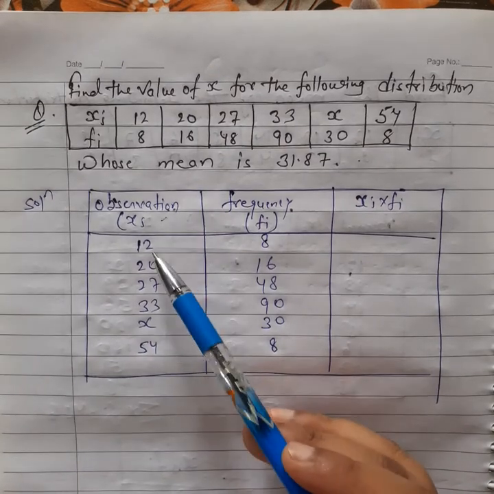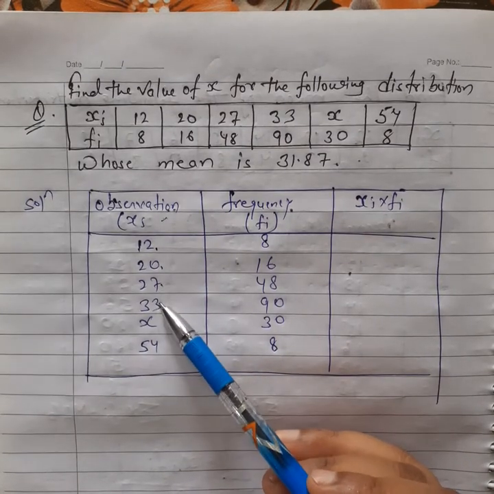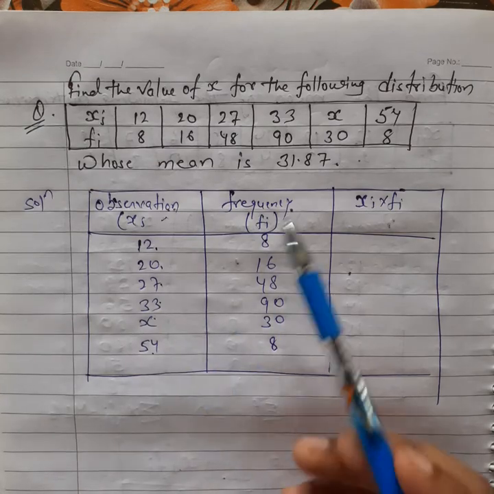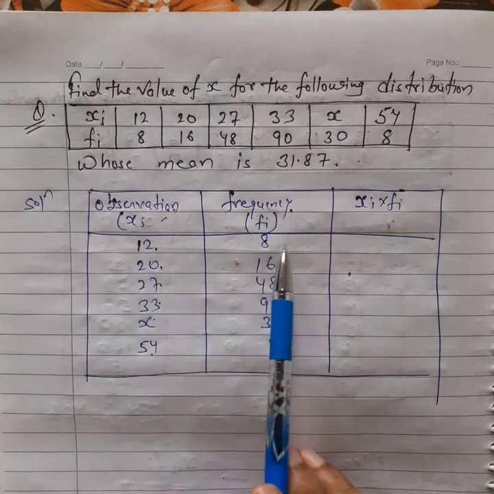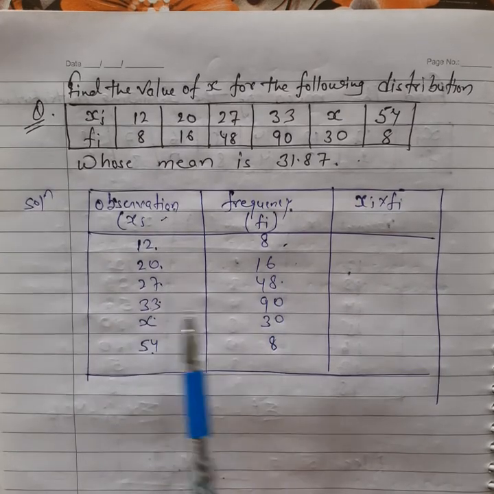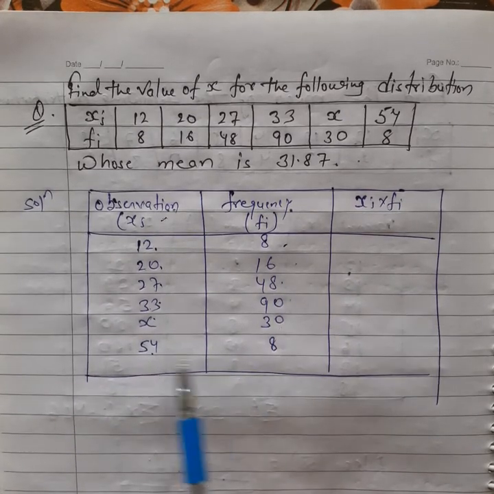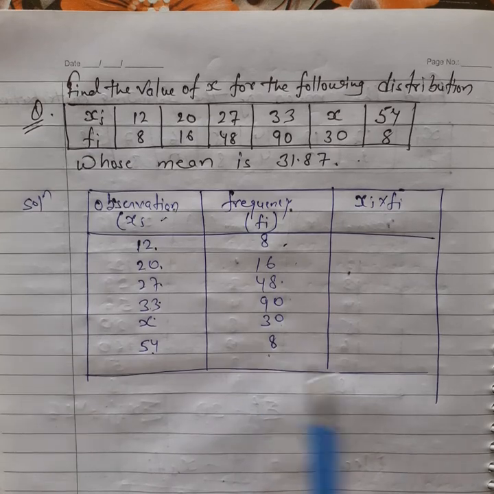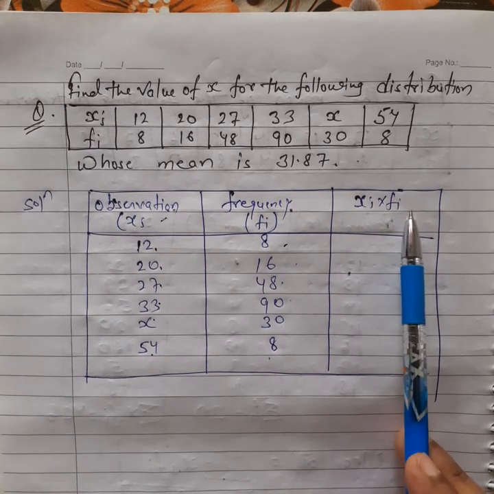Now the observations are 12, 20, 27, 33, x, 54 and the frequency. The frequency of 12 is 8, 20 is 16, 27 is 48, 33 is 90, x is 30 and 54 is 8. What we have to do? First we have to find out xi into fi.